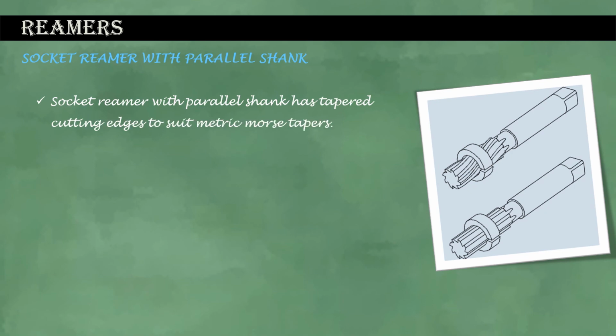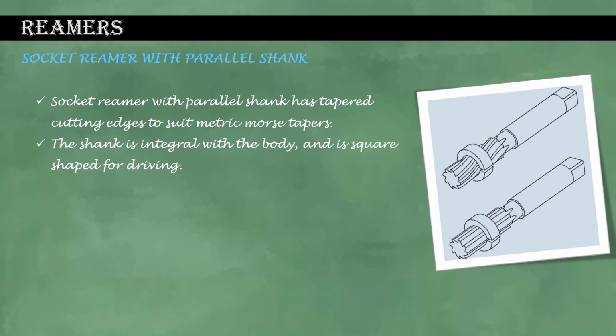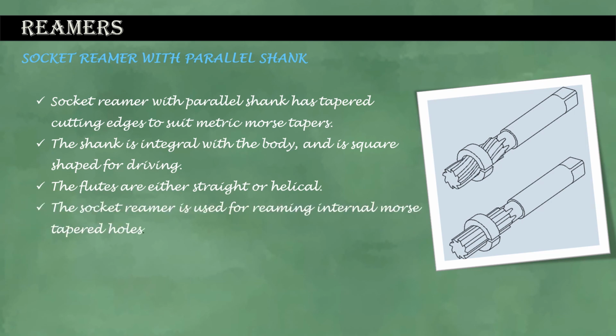Socket reamer with parallel shank has tapered cutting edges to suit metric Morse tapers. The shank is integral with the body, and is square-shaped for driving. The flutes are either straight or helical. The socket reamer is used for reaming internal Morse tapered holes.